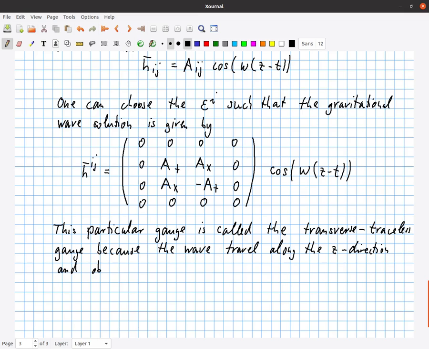And objects distort along the x and y directions only. I'll draw you out a few pictures at some point later so you can see what this wave actually does.